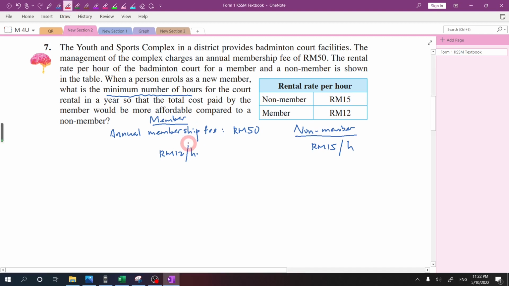If you just want to rent for 2 hours the whole year, try to think, do you need to join the member? Let me write over here.